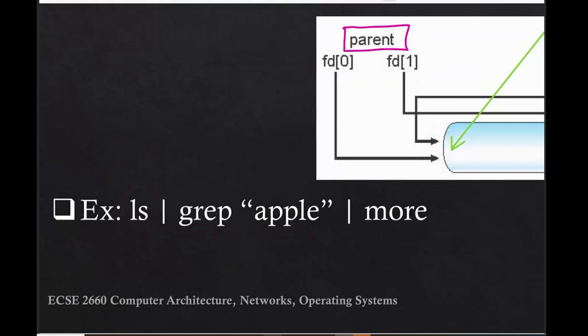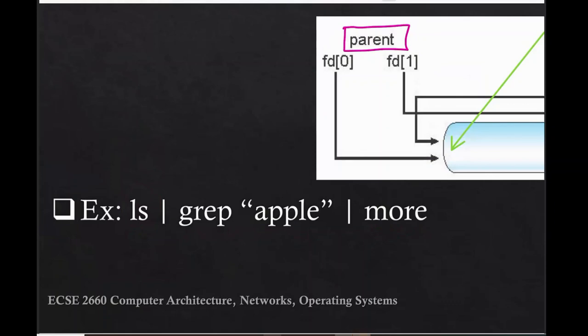That's your second process. Then you have more, which is essentially display the contents of files. So list out all the files, search for the string apple in the file name, and show the details of the file. Those are three different processes that appear in this example.